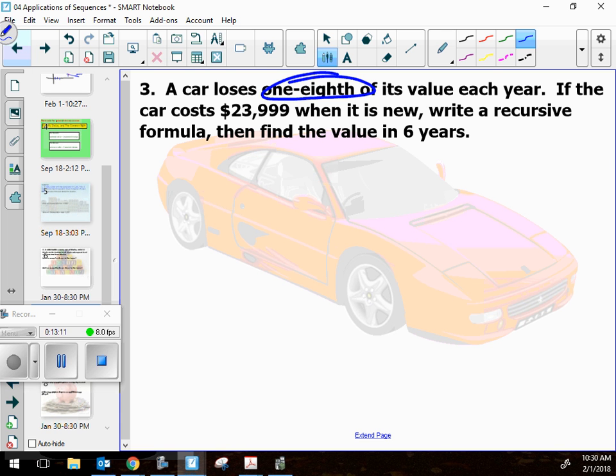Well, I hope you figured out that that meant this, which meant this, which meant that it was going down what percent? 12.5%.